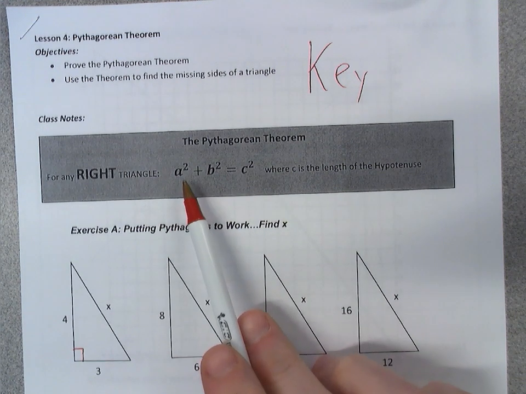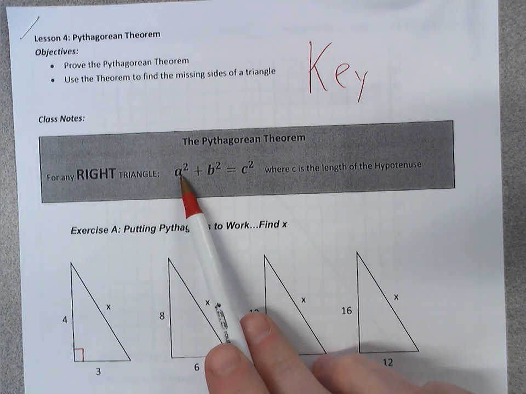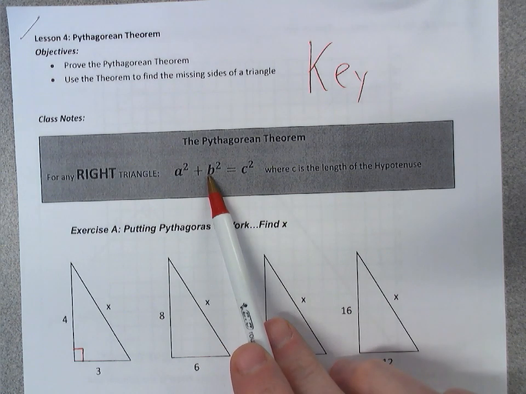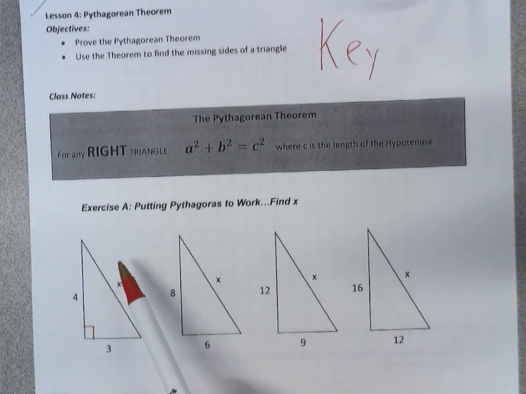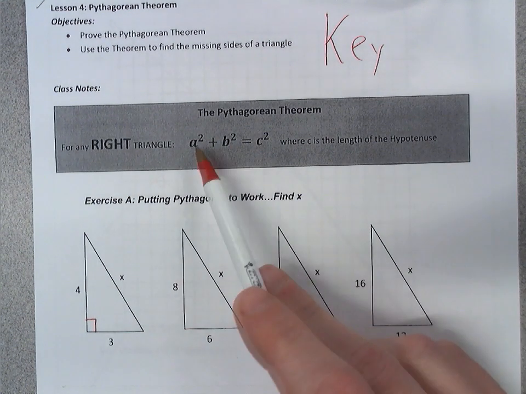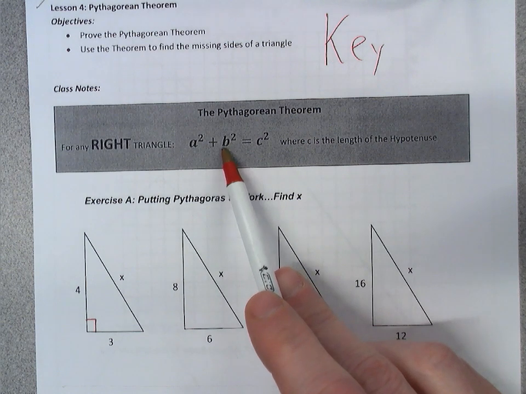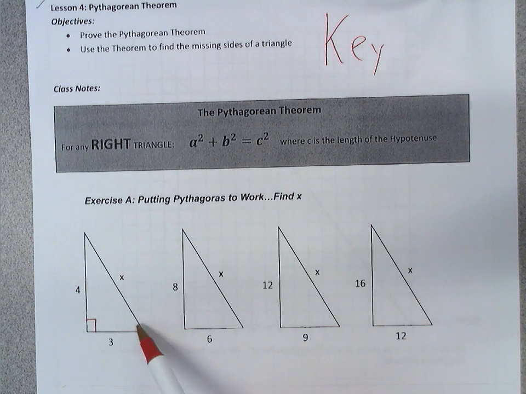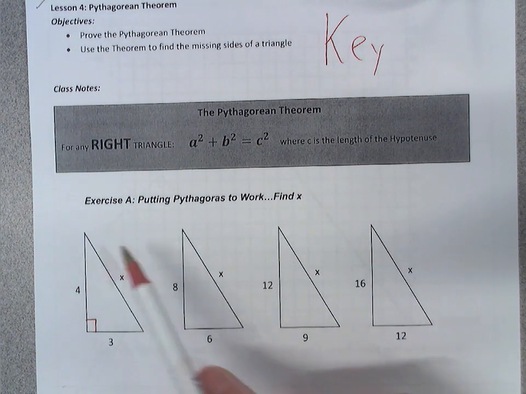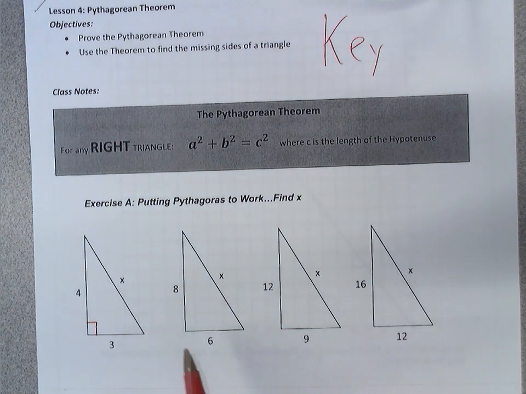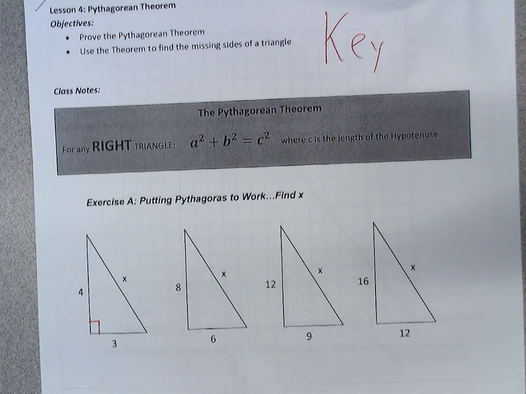The way the theorem works is that the sides of the triangle that come together to make the right angle, side A and side B, if we square those two sides and then add them together, they will be equal to the square of side C, which is the hypotenuse. C is the length of the hypotenuse. And this works for any right triangle. It doesn't matter how big or how small the right triangle is.